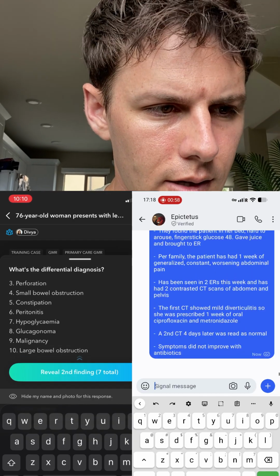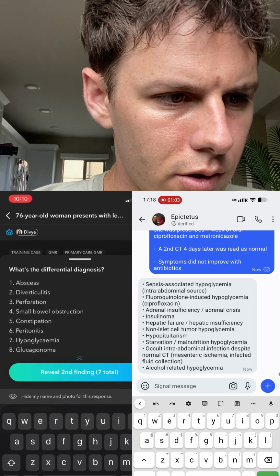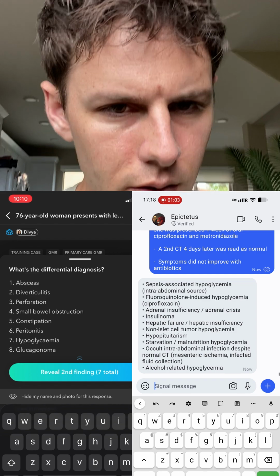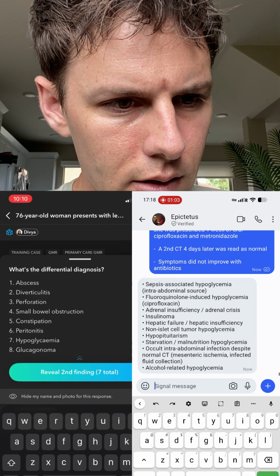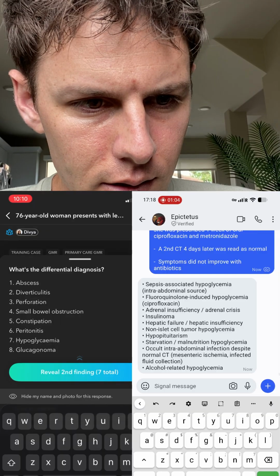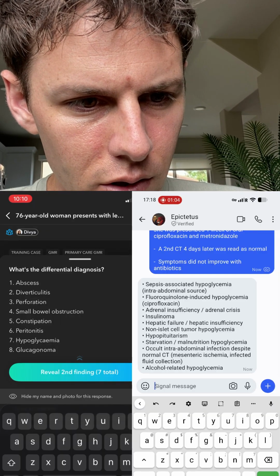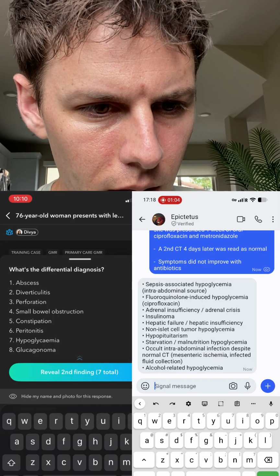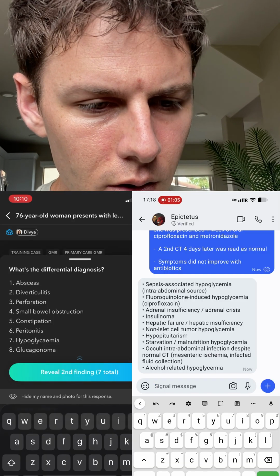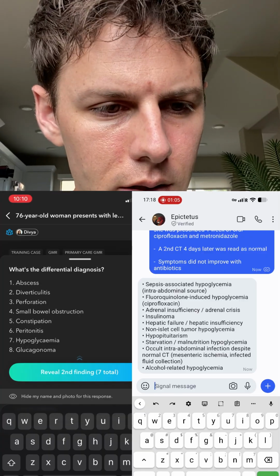Okay, so the AI said sepsis-associated hypoglycemia with intra-abdominal source, fluoroquinolone-induced hypoglycemia from ciprofloxacin, adrenal insufficiency or adrenal crisis, and insulinoma, hepatic failure, hepatic insufficiency, non-islet cell tumor hypoglycemia, hypopituitarism, starvation or malnutrition, occult intra-abdominal infection despite normal CT, such as mesenteric ischemia or infected fluid collection, and then alcohol-related hypoglycemia.